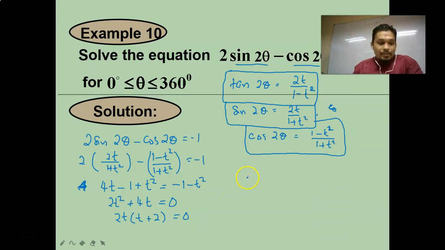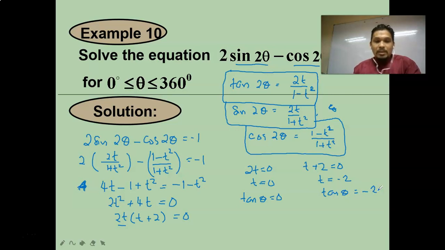Okay, now from here, first 2t equals 0, so then t equals 0. t plus 2 equals 0, then t equals negative 2. So tangent theta equals 0 and tangent theta equals negative 2.